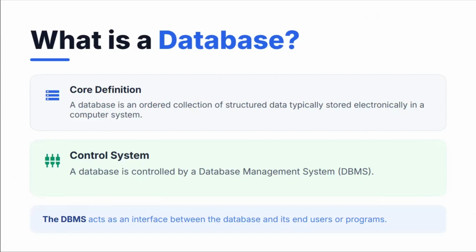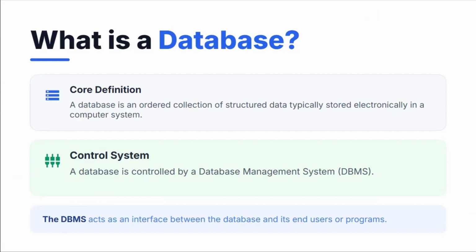If you go to the banks, they have a register where they contain our account number, right? Amount and so on. So that register used to act as a database when things were not computerized. Okay. In software terminology, we can say database is an ordered collection of structured data electronically in a computer system.